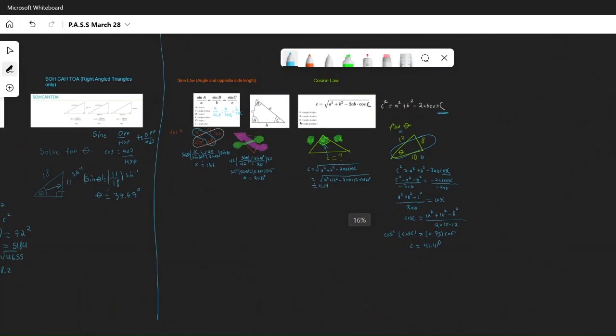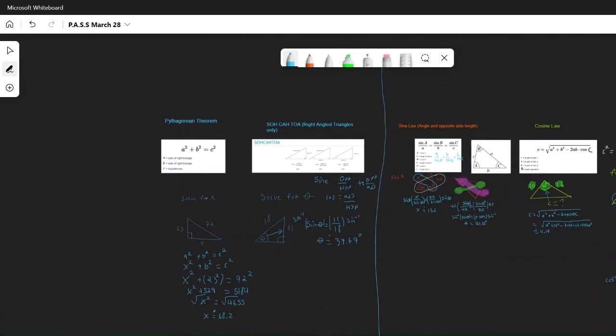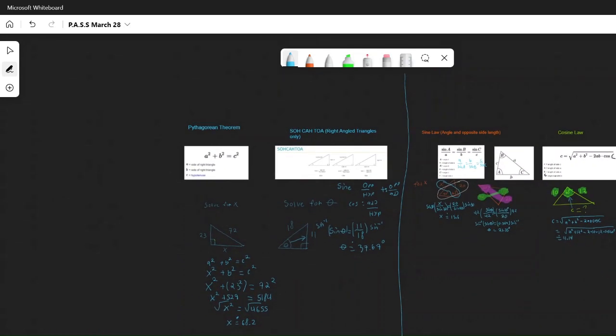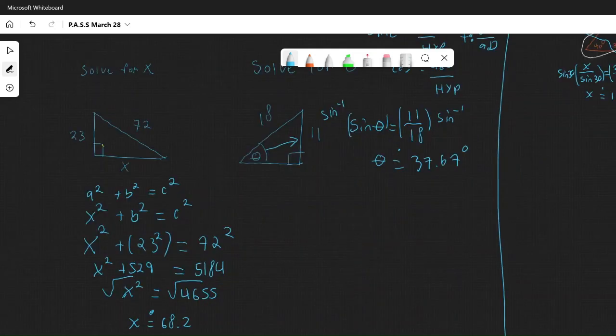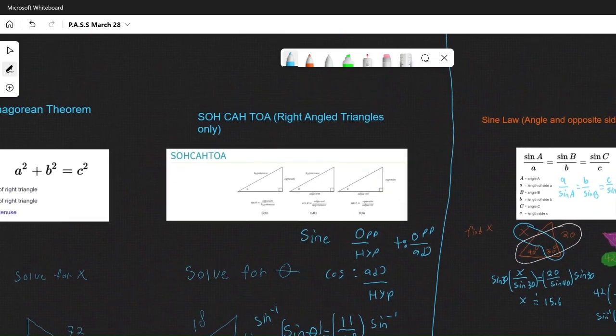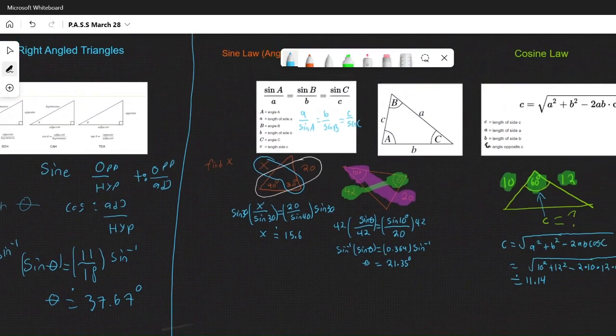So this is just a quick video going over different ways to solve triangles, starting with the Pythagorean theorem and SOHCAHTOA for our right angle triangles. Pythagorean theorem specifically, if you have two side lengths, you'll use it. SOHCAHTOA, when you have a couple side lengths and an angle.